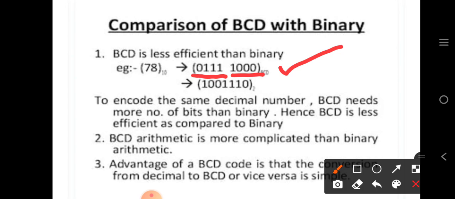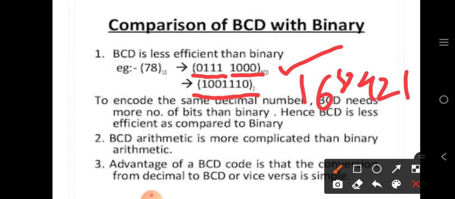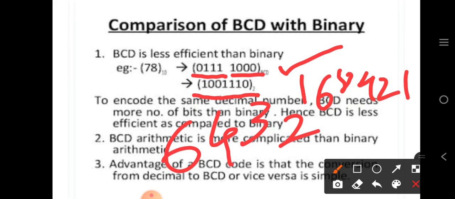So how many digits are there? 4 plus 3, that is 7. So 7 digits we have to write. As we know 8421, before 8 it is 16, before that 32 and before that 64. So 1, 2, 3, 4, 5, 6 and 7.